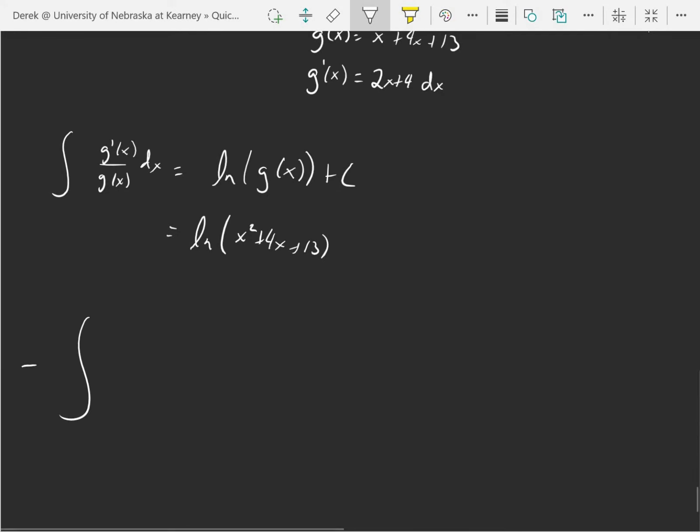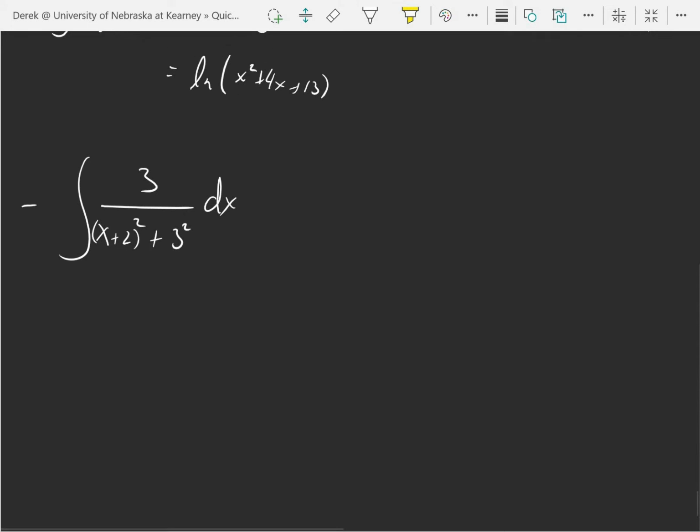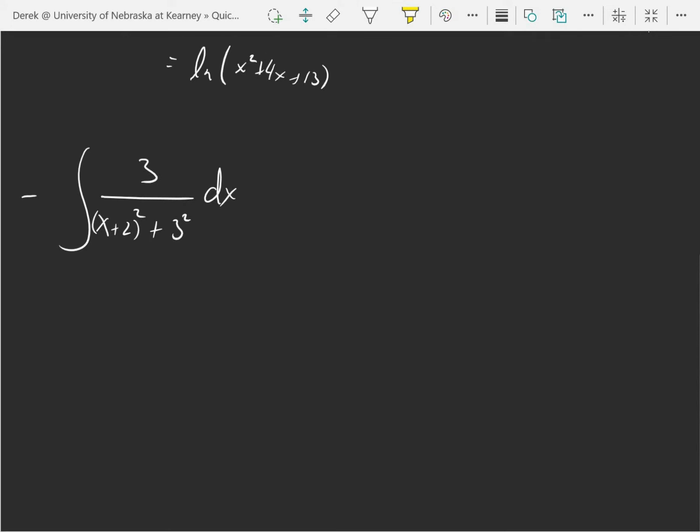And so I've got minus this integral of 3 over x plus 2 squared plus 3 squared dx. And now we get to do our trig substitution. The first part was just a regular substitution, and the second part is going to be a trig substitution. With a sum of squares, that reminds me of the Pythagorean theorem.